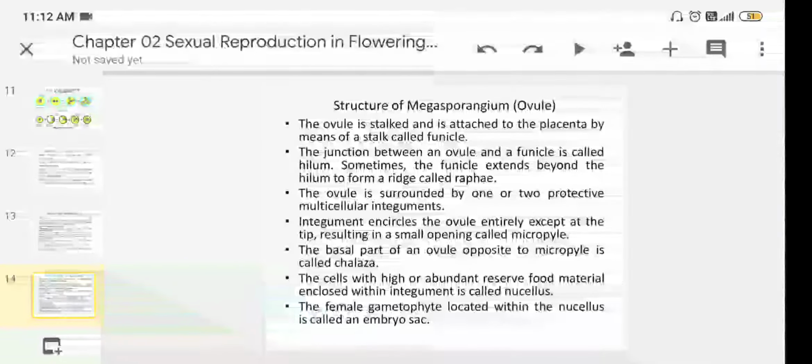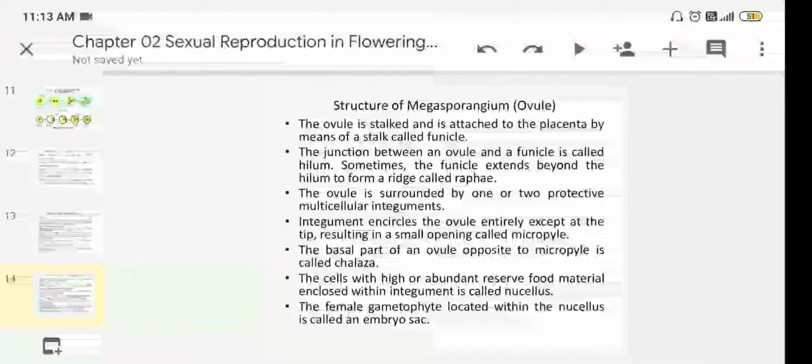The ovule is surrounded by one or two protective multicellular integuments. Integument means a kind of covering. The integument encircles the ovule entirely except at the tip, resulting in a small opening called the micropyle. The basal part of the ovule opposite to the micropyle is called chalaza.